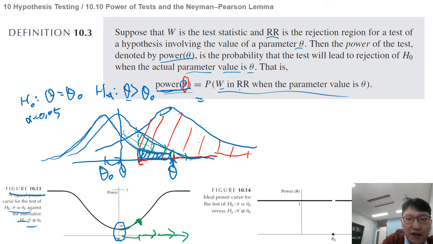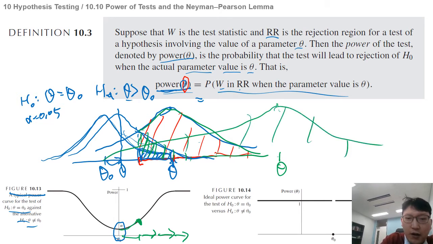If we move theta even farther, then the area would be close to 1. So this is a typical power curve for a given test.